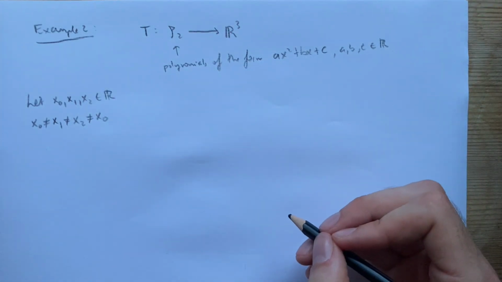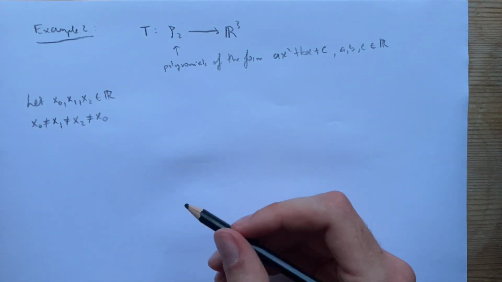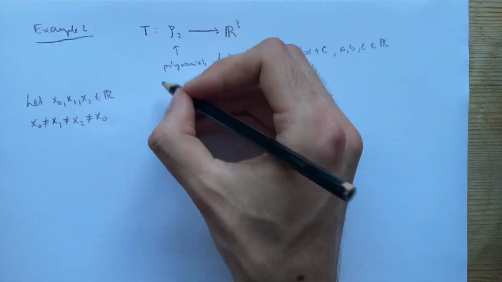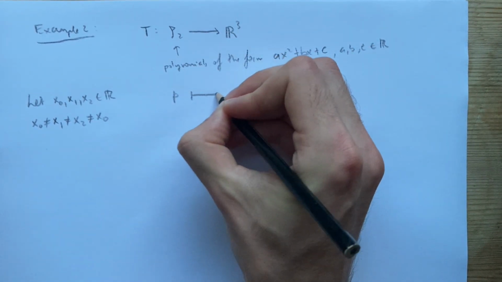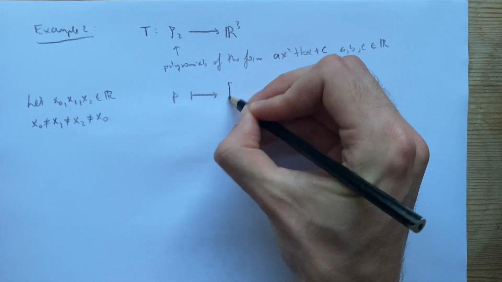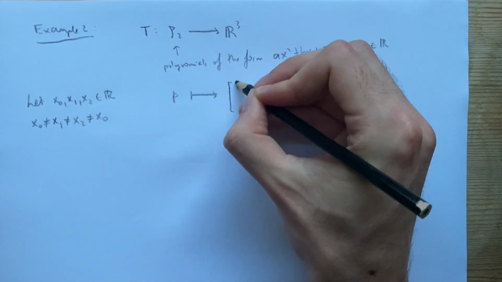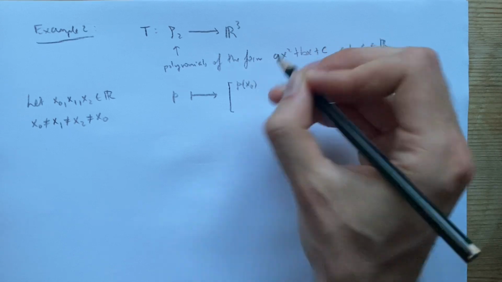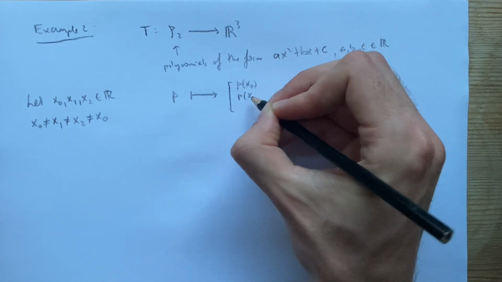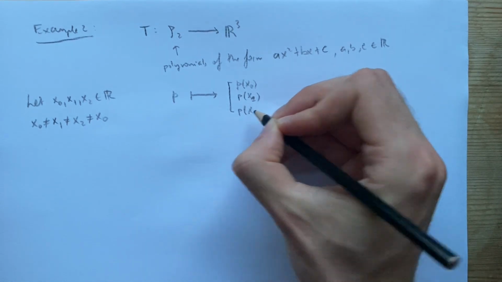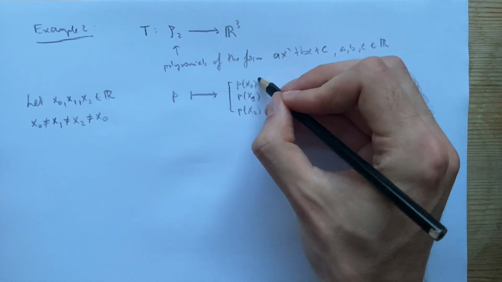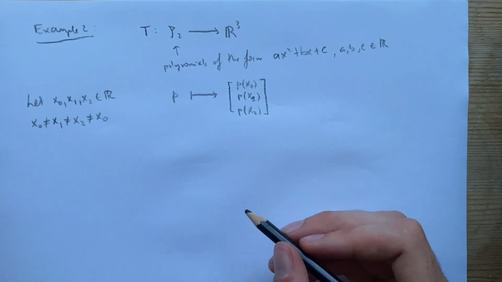And so they are all distinct. And now the linear transformation is given by, you take a polynomial p, and then you evaluate it at these 3 points that you have chosen in R. So you evaluate p of x0, p of x1, and p of x2.